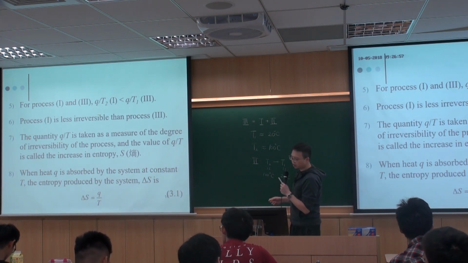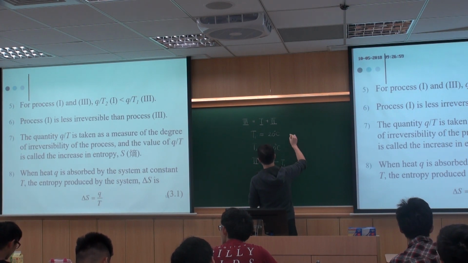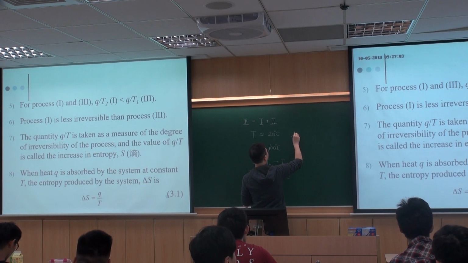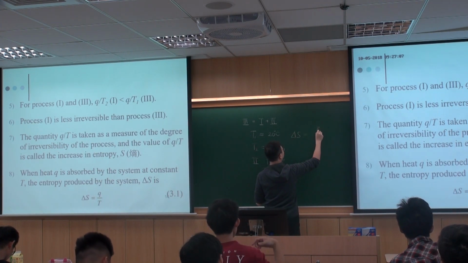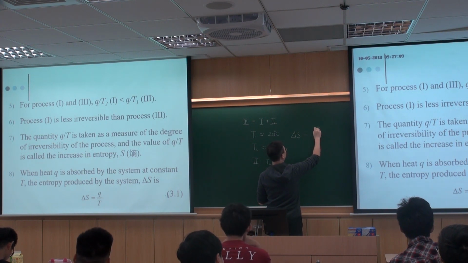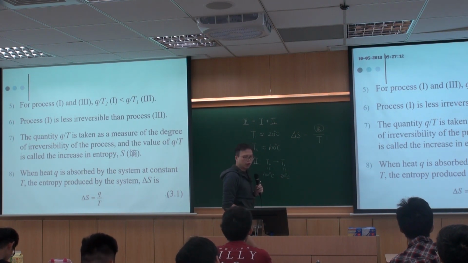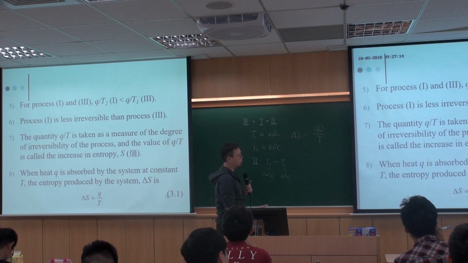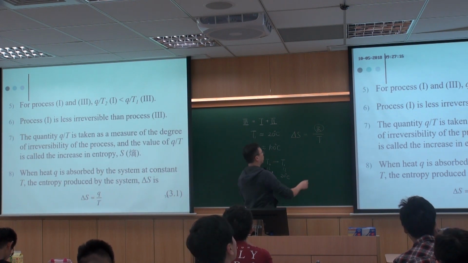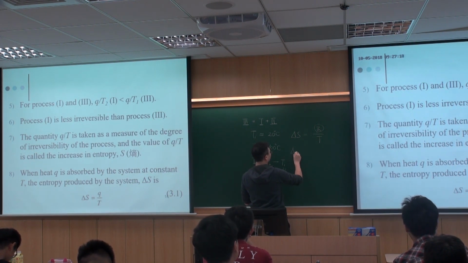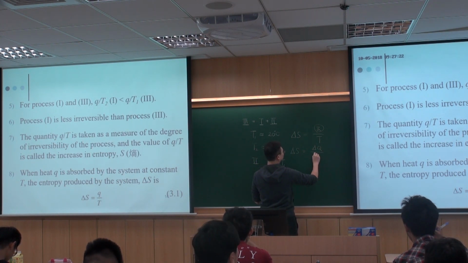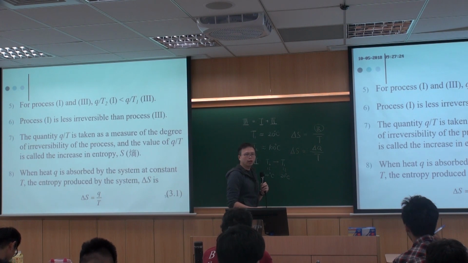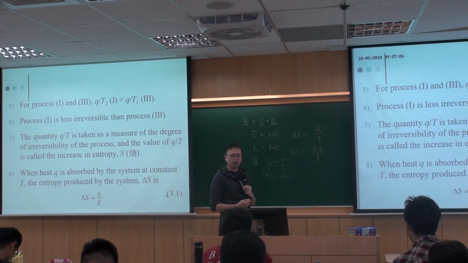So to be more precise, we can write this down. I think on the next slide we have that. But here you see that we define, say, it actually should be written as delta S as Q over T. But this is also a difference, right? This is the energy that you absorb. So in reality, or in some cases, you want to write delta Q over T. But typically, when you write down Q, it's already an amount of change.